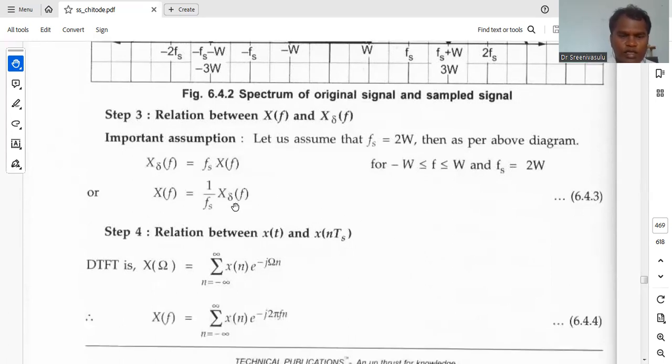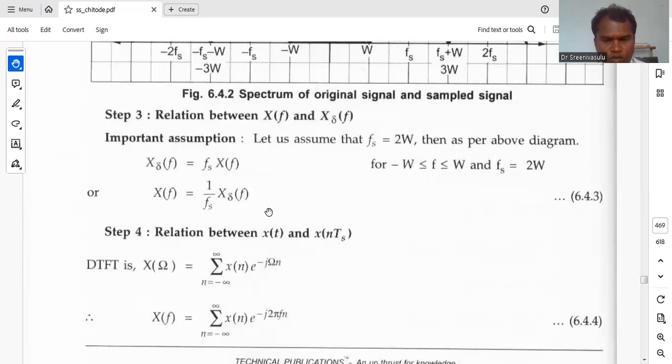So, it is the relation between the original signal spectrum and the sampled signal spectrum. Now, if you want to reconstruct the original signal from the sampled signal, we need to go for the relation between x of t and x of nTs. Here, x of t is the original signal, and x of nTs is the sampled signal.